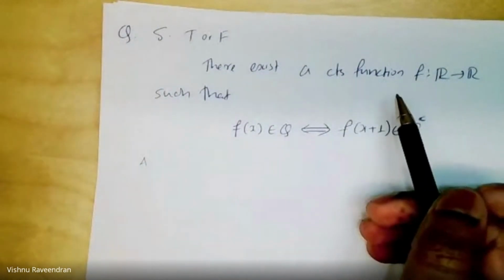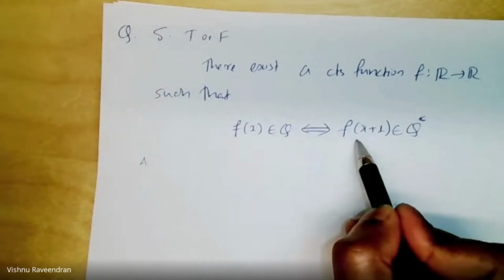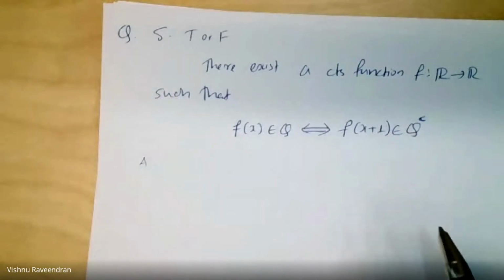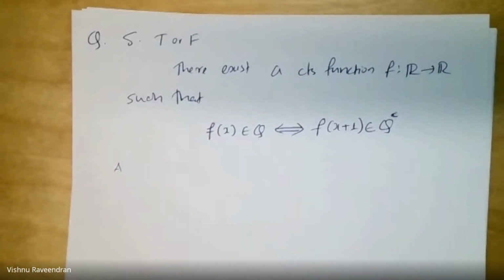f is a continuous function, and what it's saying is that if f of x is rational, then f of x plus 1 is irrational. How will you do that? Does anyone have any idea how to proceed?